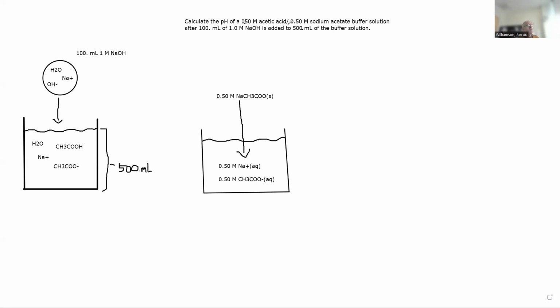So when it says 0.5 molar sodium acetate, that's code talk for 0.5 molar acetate ions in solution, acetate ions. Also 0.5 molar sodium ions, but it's a spectator ion, and we're not worried about that in our calculations. Okay, so let me get rid of that now, so we know what's going on there.